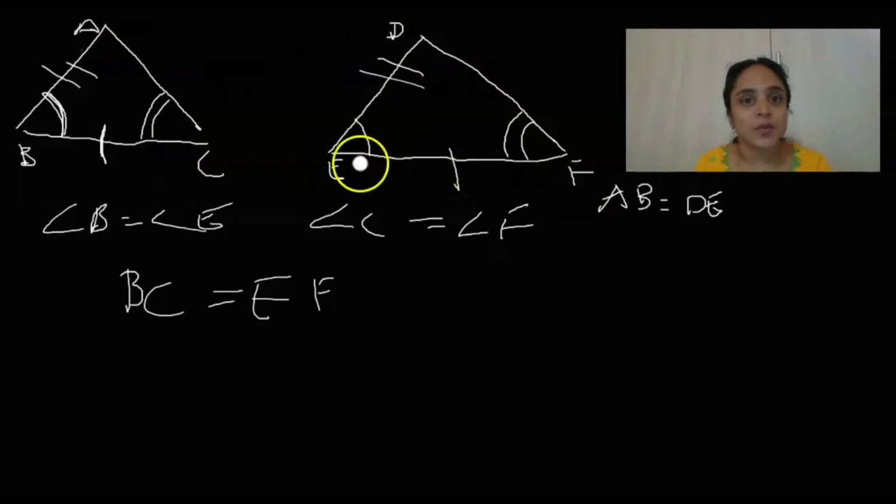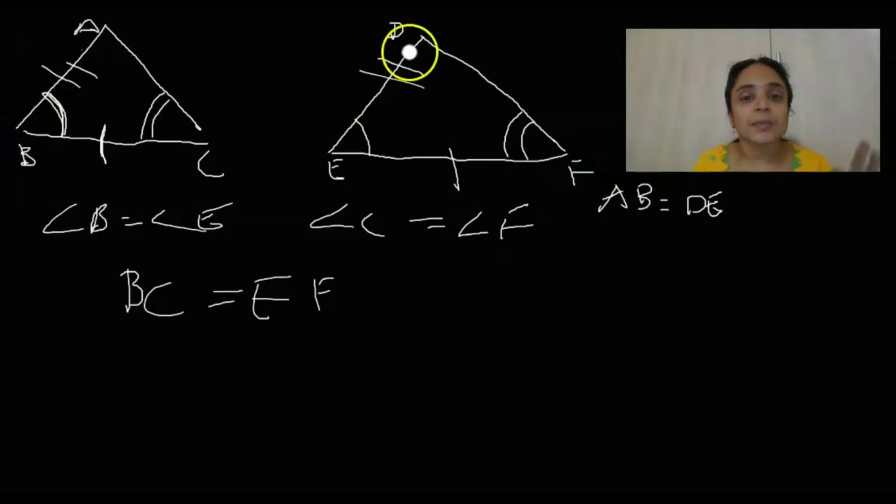That is, in case 1 we are taking AB equal to DE, and angle B equal to angle E is given, and BC equal to EF is given, because we have taken the ASA criteria. So we have assumed that this angle is equal to this angle, this angle is equal to this angle, and BC is equal to EF.